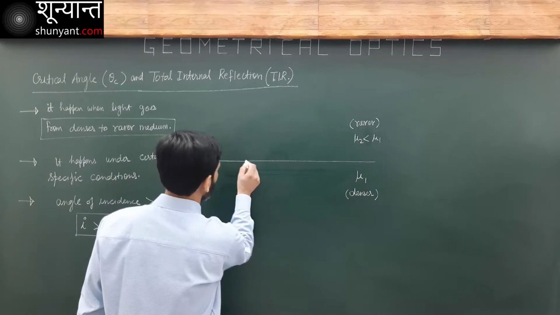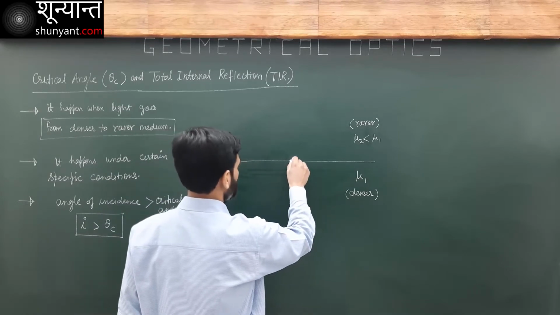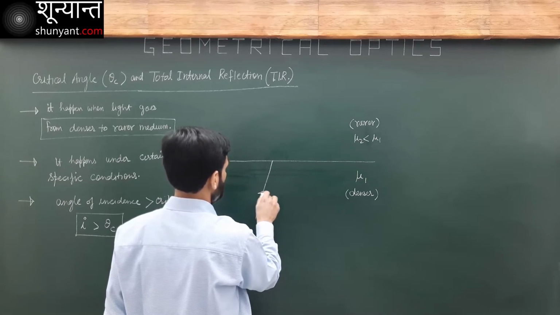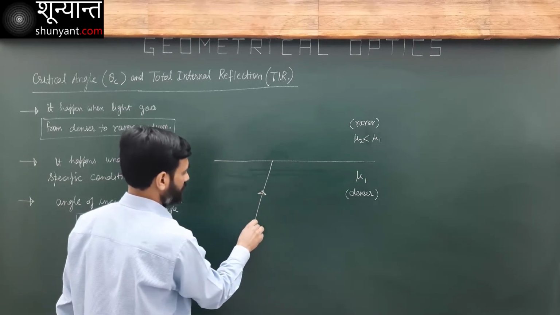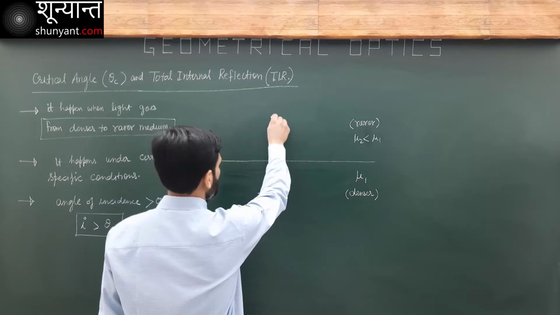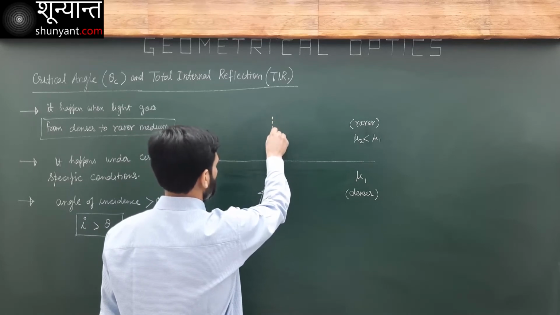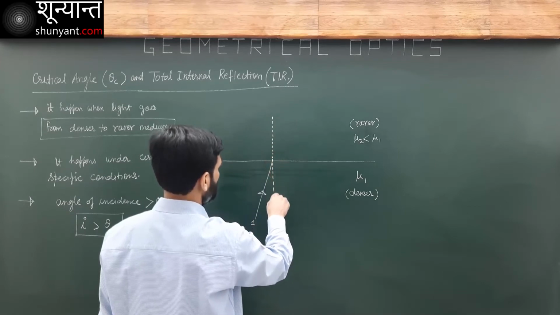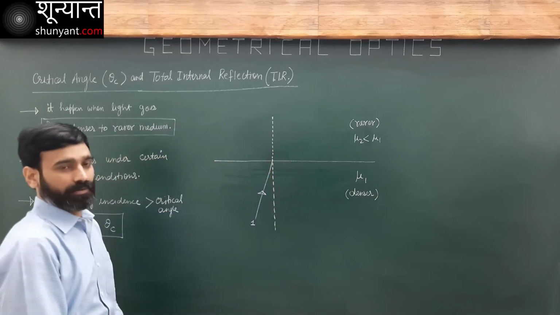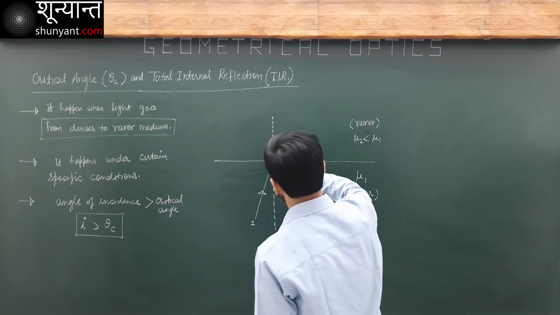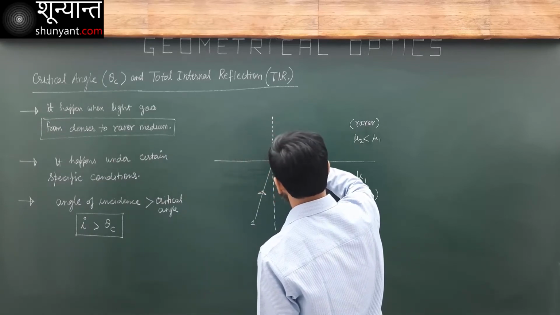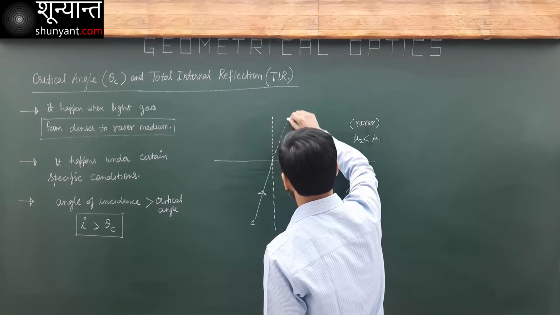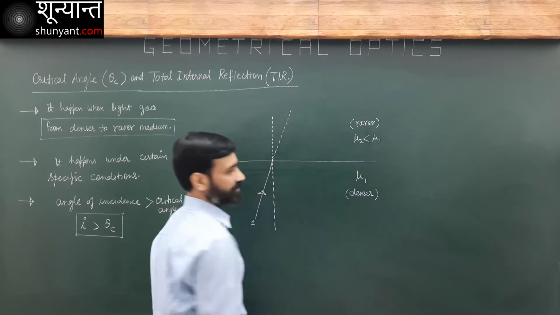Now, let's consider one light ray here. This is one light ray, let's say it is 1 here. At this point of incidence, I will draw a normal. This is my normal. This is the original direction. What happens when light goes from denser to rarer medium?